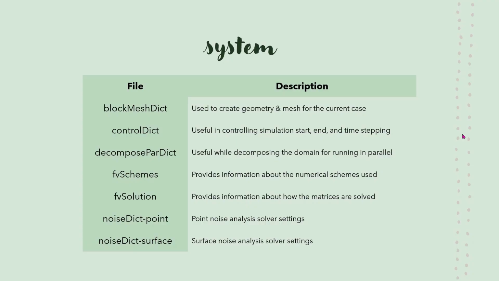For the noiseDict surface file, we have a .obj file, primarily a sheet that is behind our cylinder. We are interested in how noise is getting generated behind our cylinder due to vortex shedding on top of this surface .obj file, and this noiseDict surface is going to essentially solve for noise being generated on top of that one sheet.